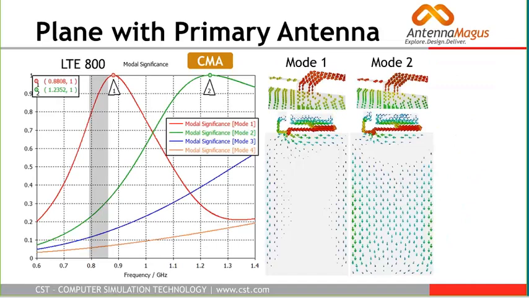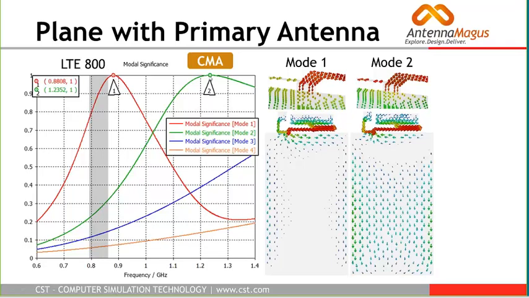So, at first, I would like to follow the same procedure as I showed you before. So I use Antenna Magus to design the primary antenna. Then I use characteristic modes to find the diversity mode. In this case, looking at the curves, you see that there is one mode resonating near this frequency band LTE 800.